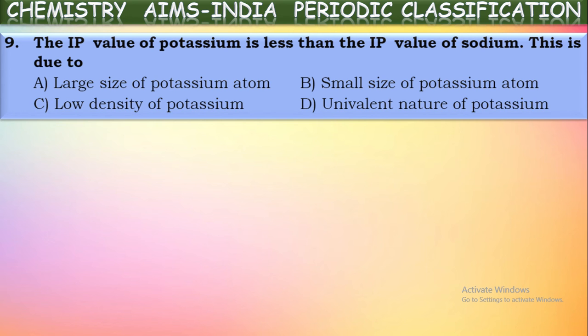How does ionization potential vary in a group from top to bottom? It decreases because size increases gradually. Sodium has a smaller size, so it has a higher IP value, whereas potassium has a greater size, hence it has lower ionization potential than sodium.